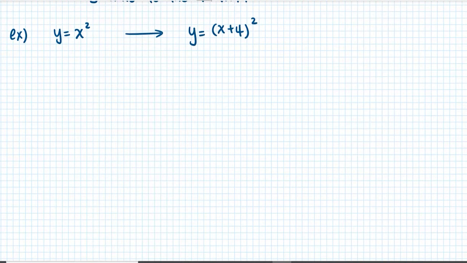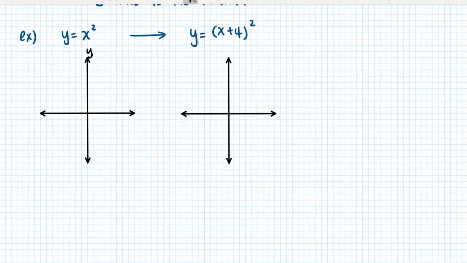This time we have x squared as the original function, y is equal to x squared, and now we have y is x plus 4 squared. So this time the 4 is added to x. Let's draw the graphs of these 2 functions and see how they're shifting.